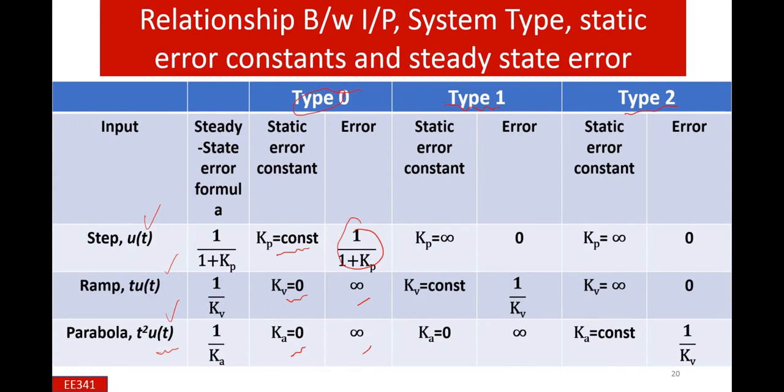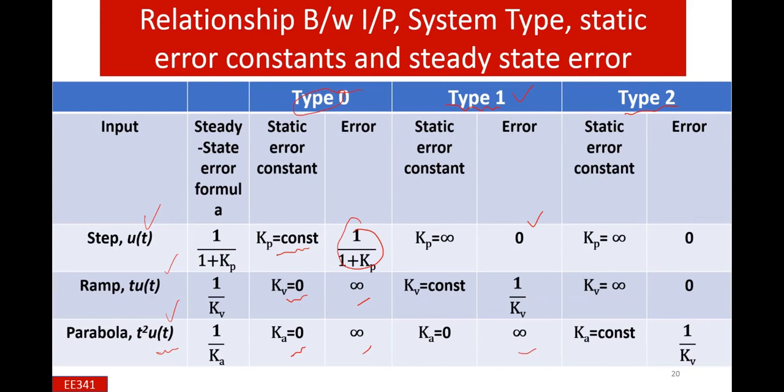free. So if there is a type 1 system, then Kp is infinite, Kv is some constant value, and the acceleration constant is 0. So the corresponding error is 0 for Kp and for step input, and similarly for Kv the error is some constant value, and in terms of the acceleration constant, it means for parabolic input the error is infinite.